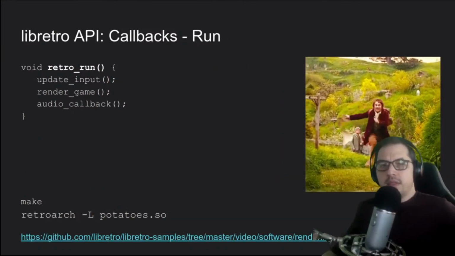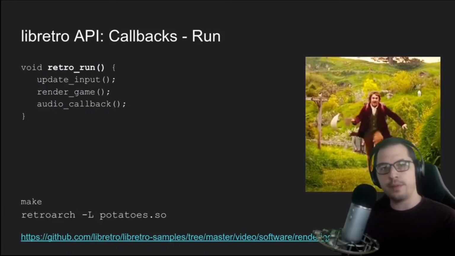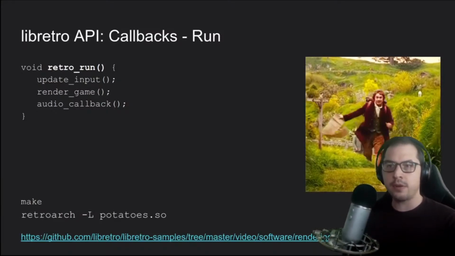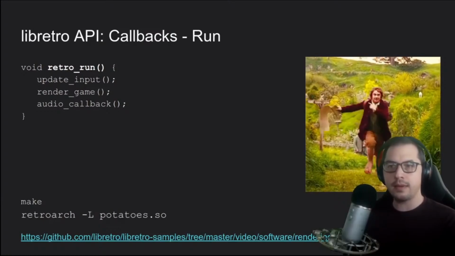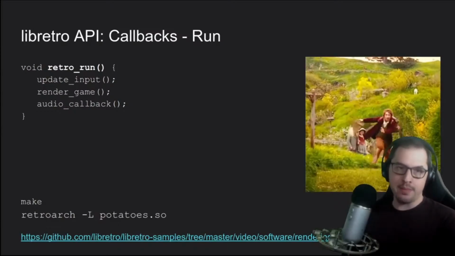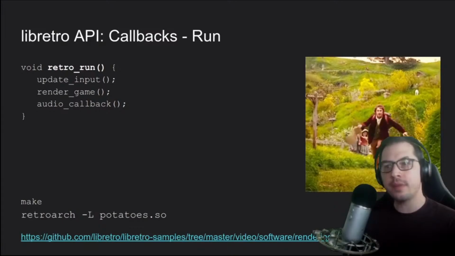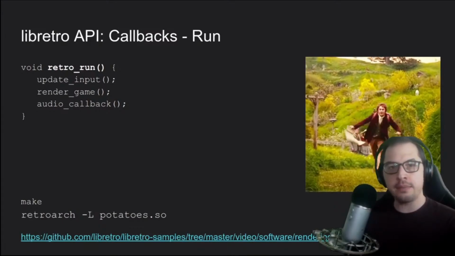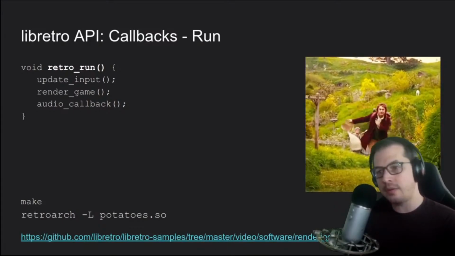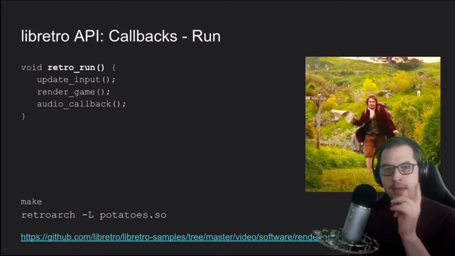So what does this look like if we're to run it? When you run a core, it repeatedly calls the retro_run callback. And in that callback, you're expected to update the game logic, update any input that you have, display the game, maybe play some audio. But what does it look like if we're to run it like this?